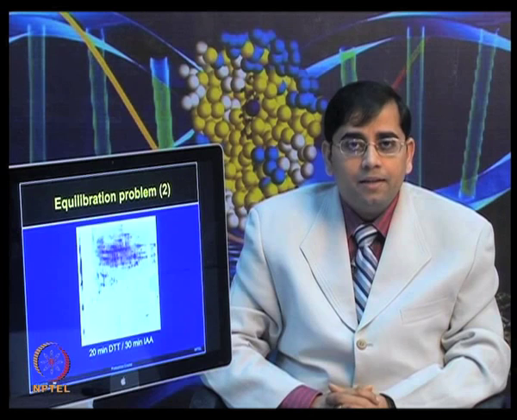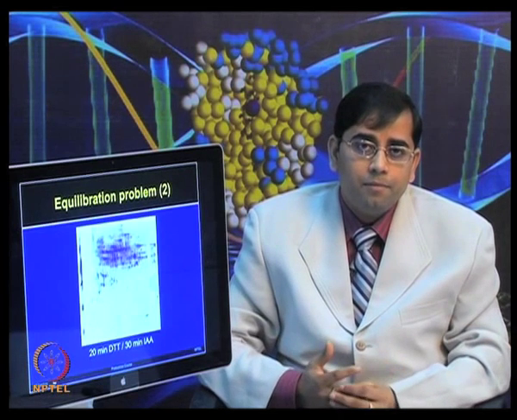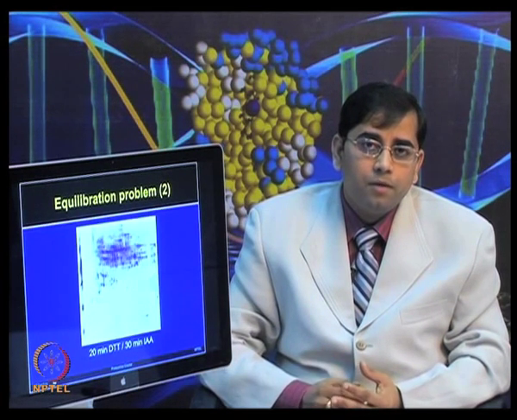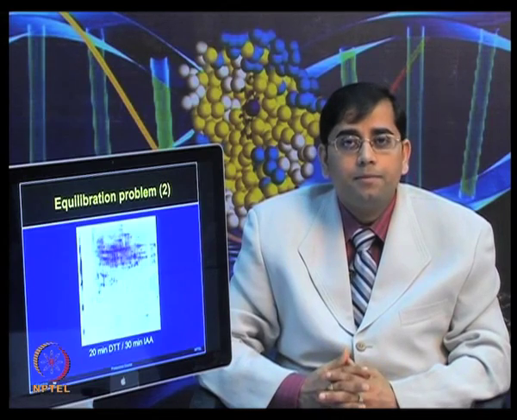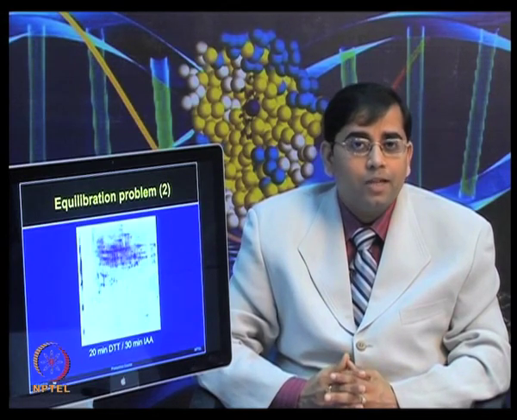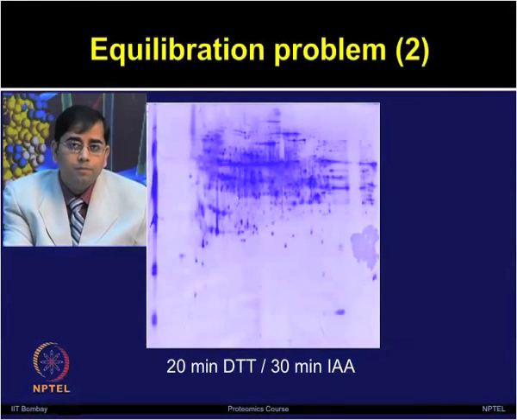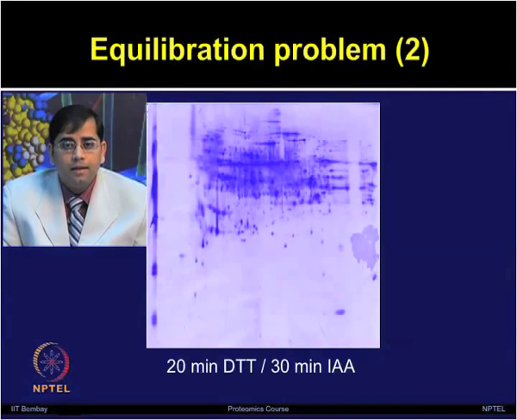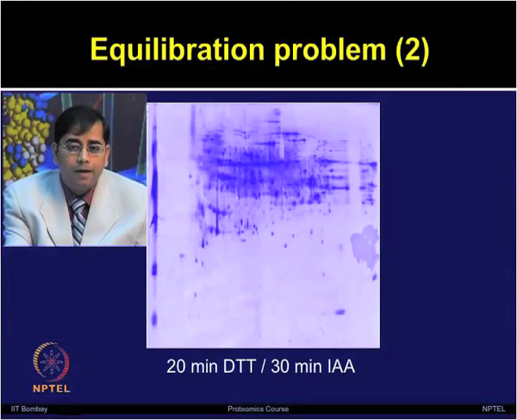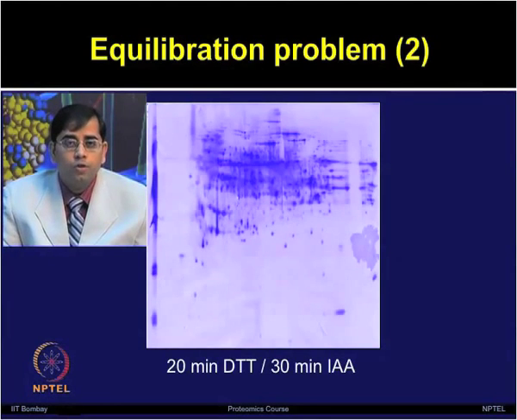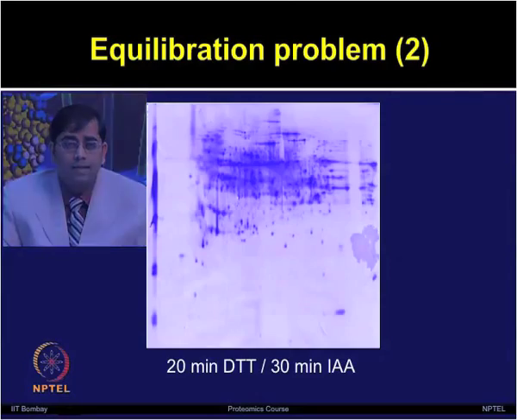Many times people think that by increasing the equilibration time the gel quality may appear better, but that is not the case. In this gel, increasing the equilibration time to 20 minutes of DTT and 30 minutes of iodoacetamide makes the gel pattern look very problematic, because of excess equilibration.